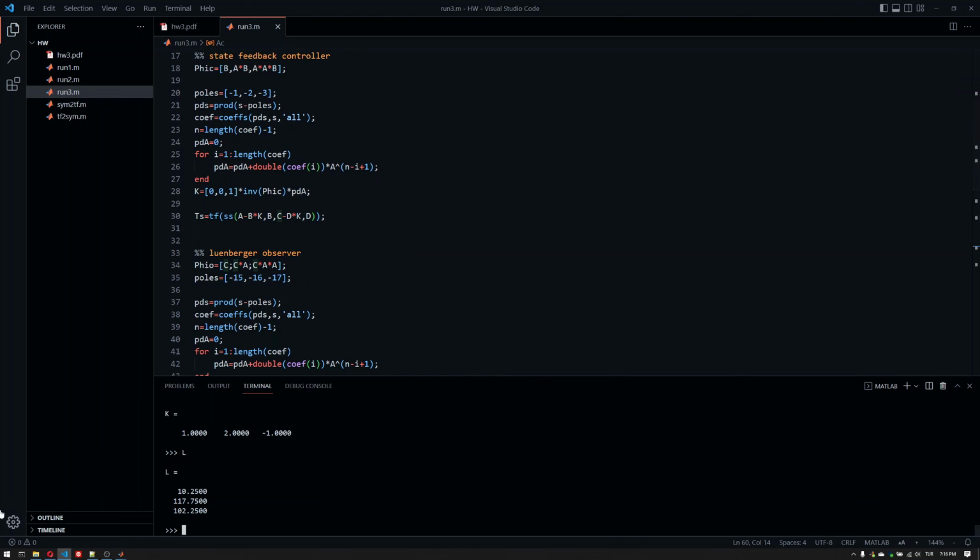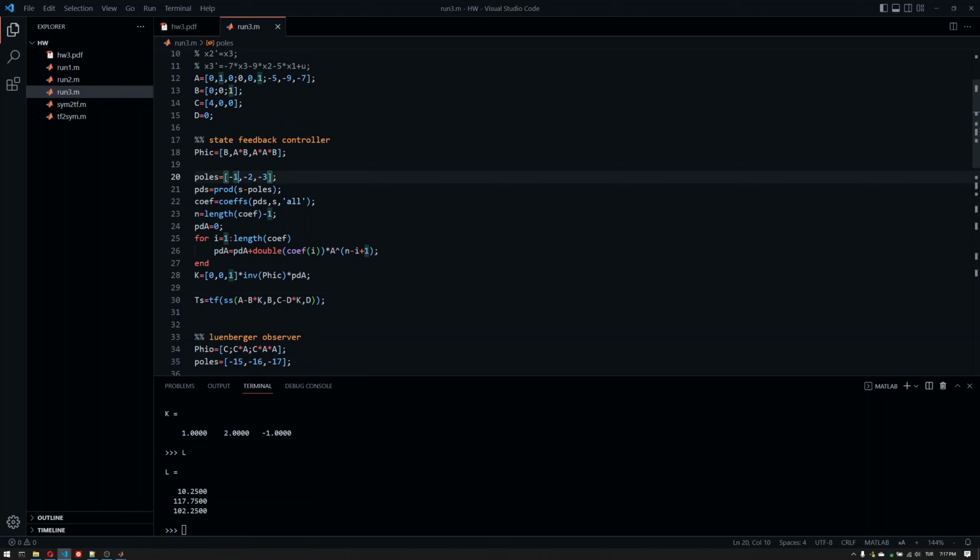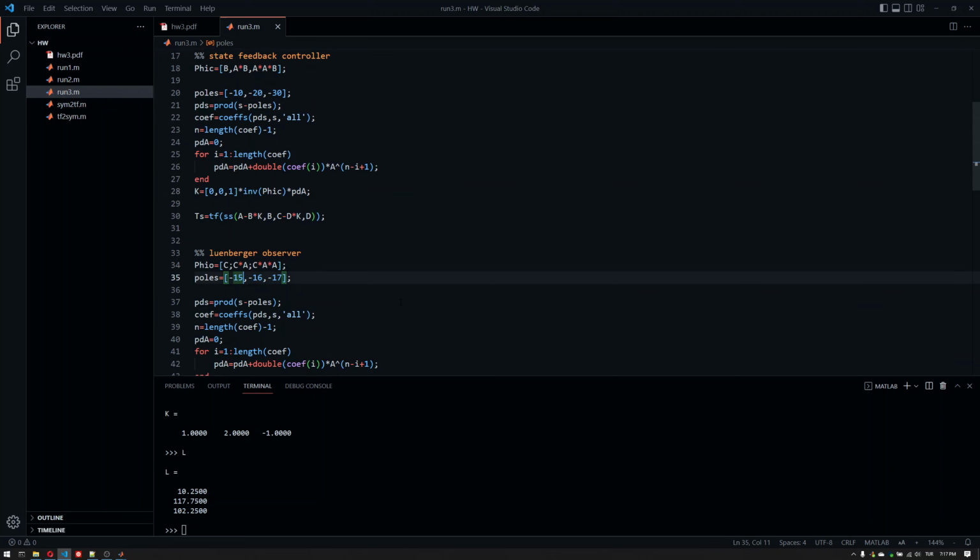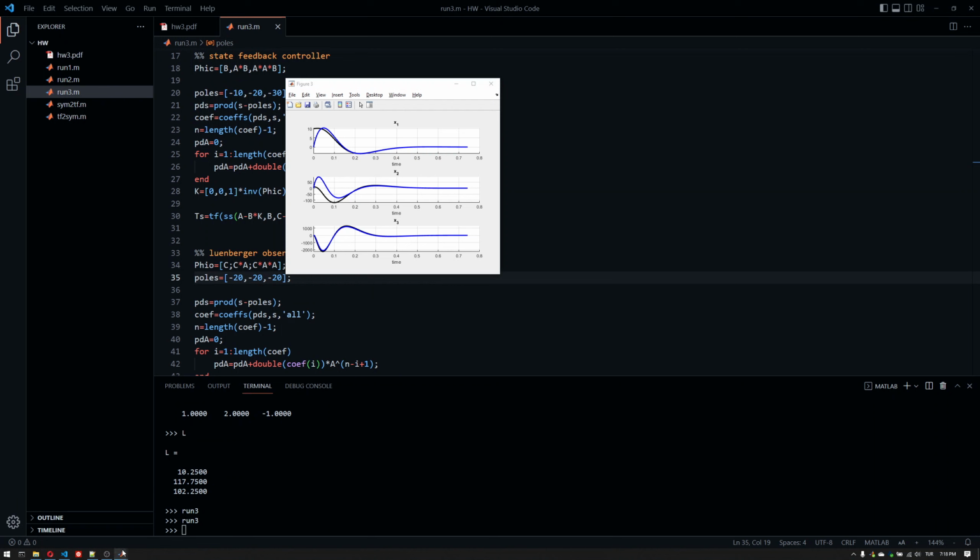Let's change the poles, maybe like -10, -20, -30. Of course, we should also increase the effect of these. Let me just choose dangerous poles for the observer. And let's see if it has taken effect.